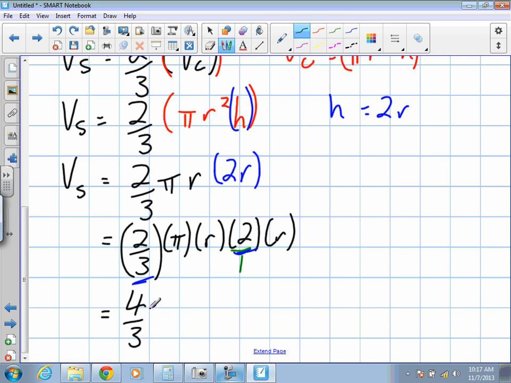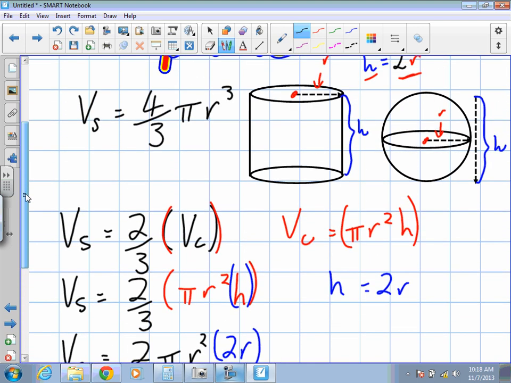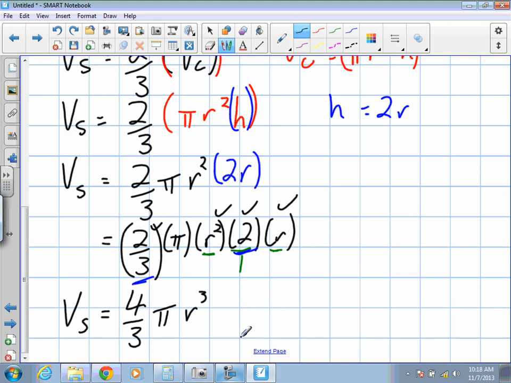And I'm going to multiply r squared times r. What will that give us? R cubed, right? So we've taken care of these two and these two. The only thing left is our pi. This is the exact formula I gave you above. 4/3 pi r cubed. So that's just a relationship of how they get this formula.